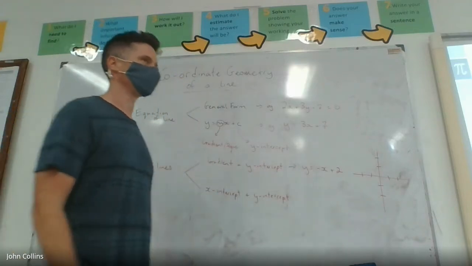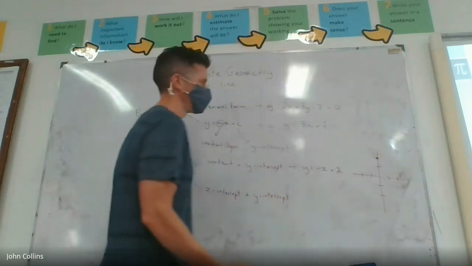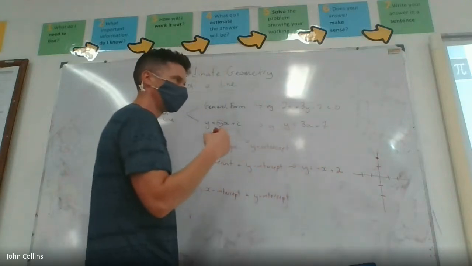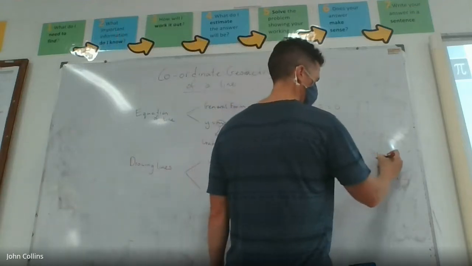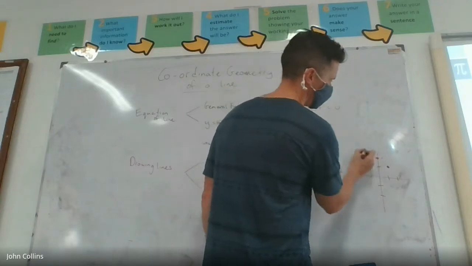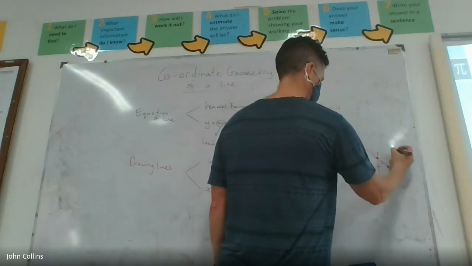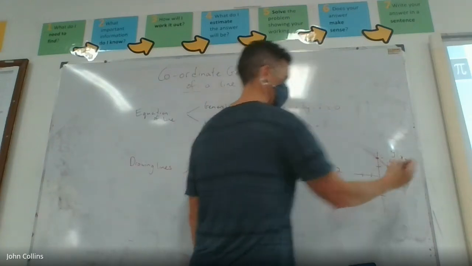And the y-intercept is 2, so we start with the y-intercept at 2, and then we use the gradient. So for every one box over it goes, this one goes down 1, because it's a negative slope. So one box over, one box down, that'll be the next point, and so on. And I've already joined those together with my ruler. That is the line y is equal to negative x plus 2.